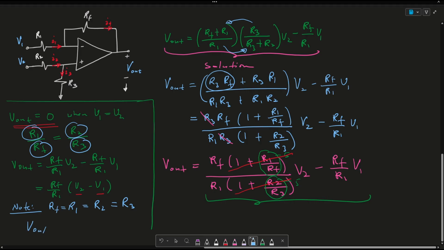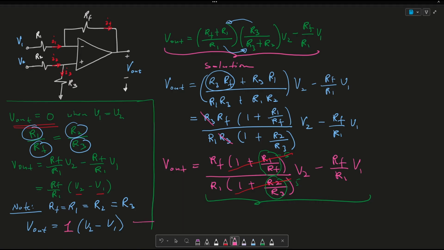So Vout is essentially just V2 minus V1, and my gain A is simply just 1. So we could just put a 1 here. Just to be clear, we call this a pure subtractor with unity gain.